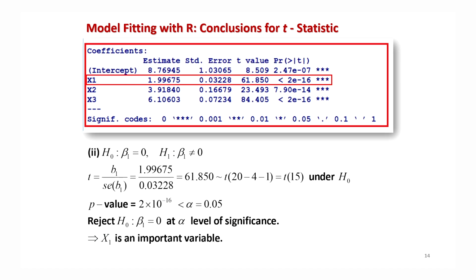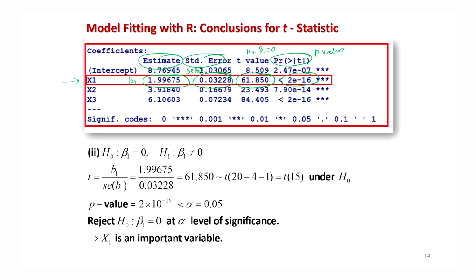So now beta 0 is going to remain in the model, and we are going to consider the model with the intercept term. Now I take the next row, which is about x1. It is the same thing. In the first column under the estimate, this is the value of b1. The second value is the standard error of b1. Then it is the value of the t statistic corresponding to H naught beta 1 is equal to 0, and this is the p value.